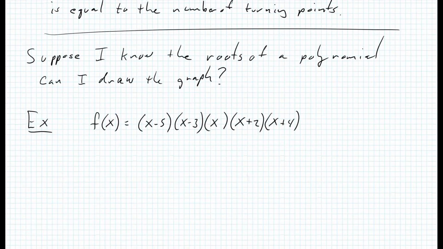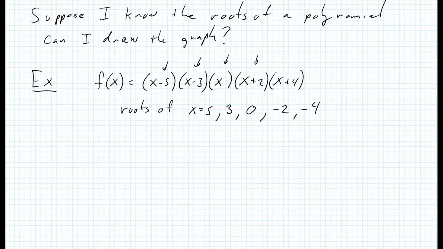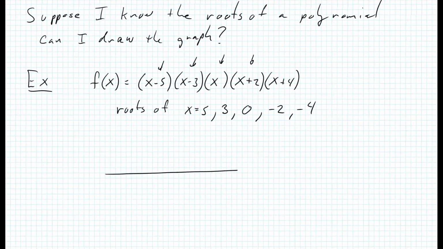What do I know about this polynomial? Well, I know this has roots of, well, everything that would make one of these terms 0 is going to give me a root. So it's going to have roots of x equals 5, x equals 3, x equals 0, x equals minus 2, and x equals minus 4. Now suppose I wanted to graph this. Well, what do I know?